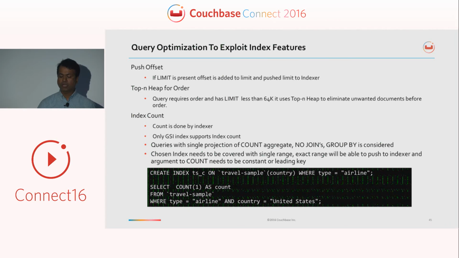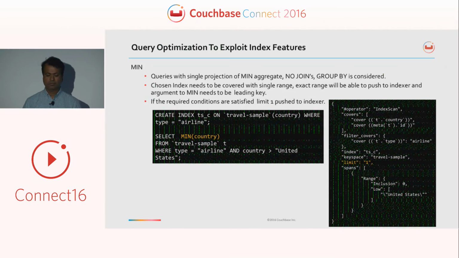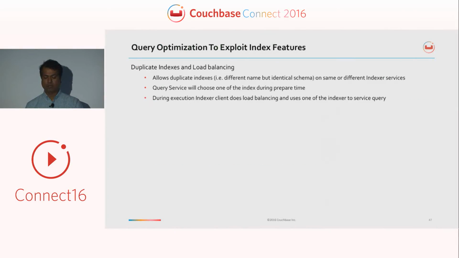The predicates completely qualify for the index, and the projection only has count. The requirement to push the count to the index is that the projection needs to have only the count. Min optimization, as I mentioned earlier, is again a covered query with a limit 1. That's how you push the min to the index scan.